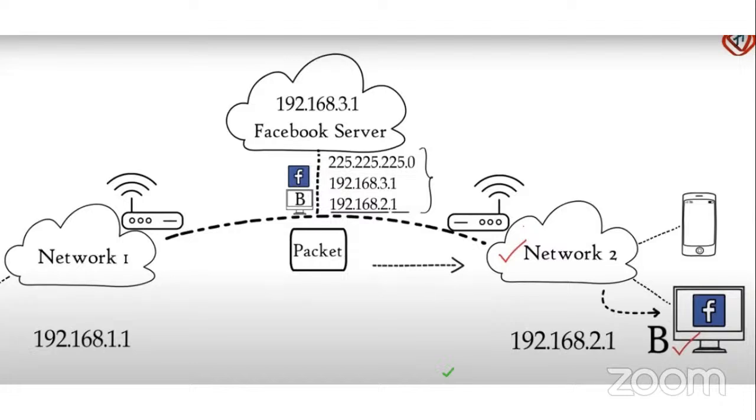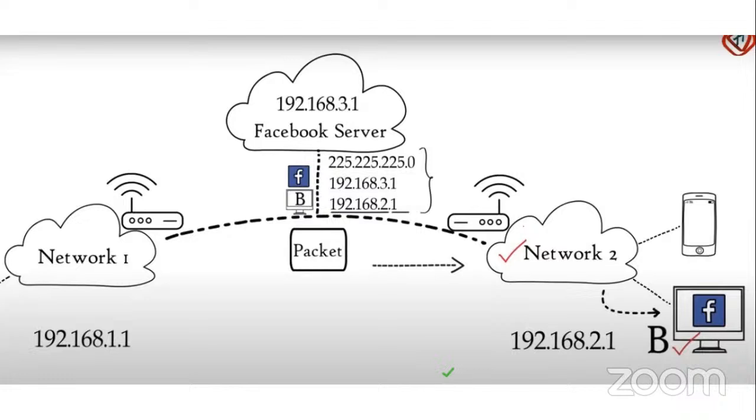System B searched for the Facebook web page. So from where do we have to get the Facebook web page? It has to come from the Facebook server. What is the IP address of the Facebook server? It is 192.168.3.1. So the Facebook web page has to travel from the Facebook server to system B. Here the Facebook server is the source, which is sending the Facebook web page to system B, and system B is the destination.